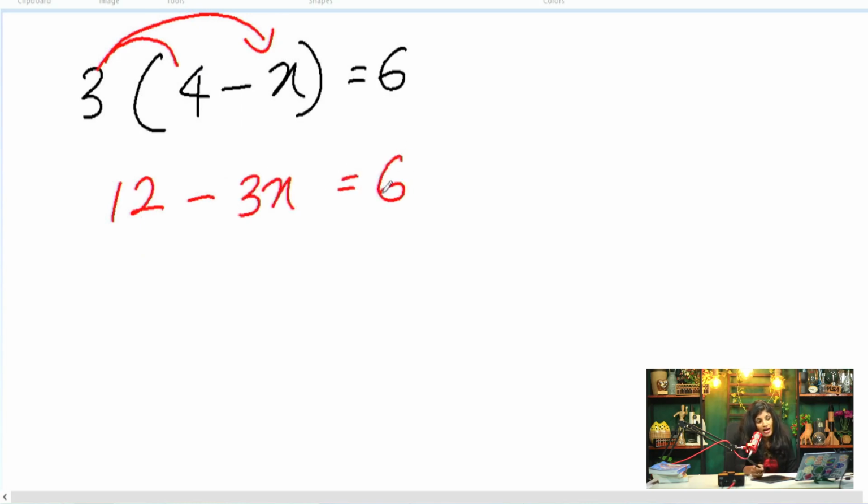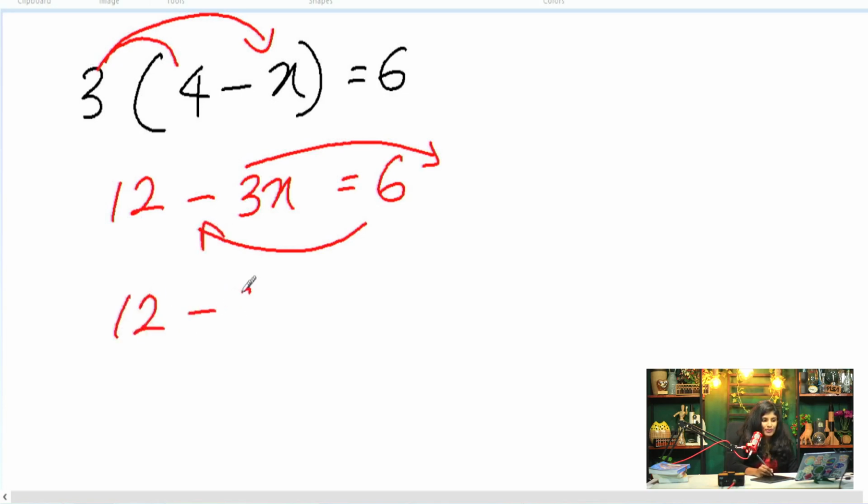Now, x terms on one side, numbers on another side. Here, the 3x is negative. Usually we don't keep the x value or unknown term negative because it is unwanted hassle. So I will carry this 3x to the other side and the 6 to the left-hand side.